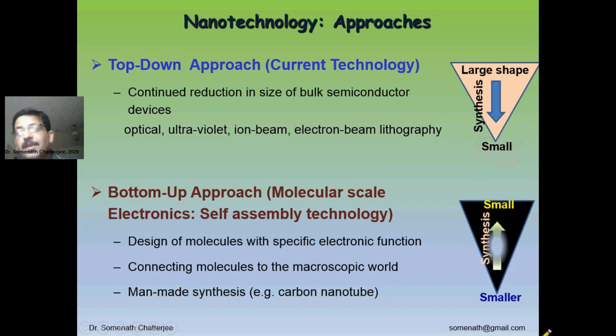Another way is where we start from the smaller, that means the collection of molecules or atoms, we say clusters. From the clusters we will produce our final product. So from smaller to small is basically called the bottom-up approach.